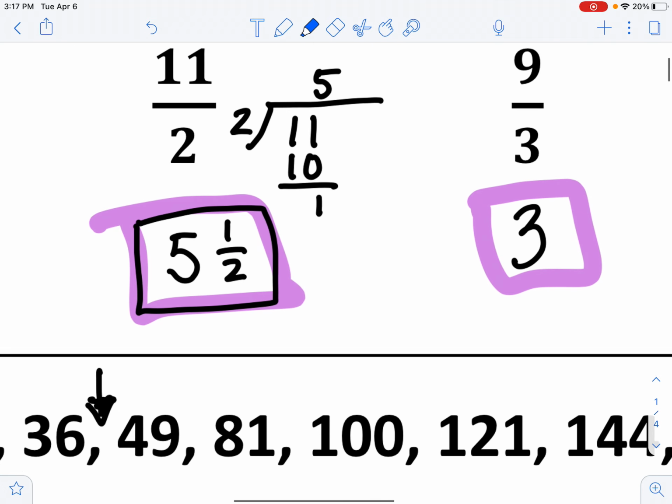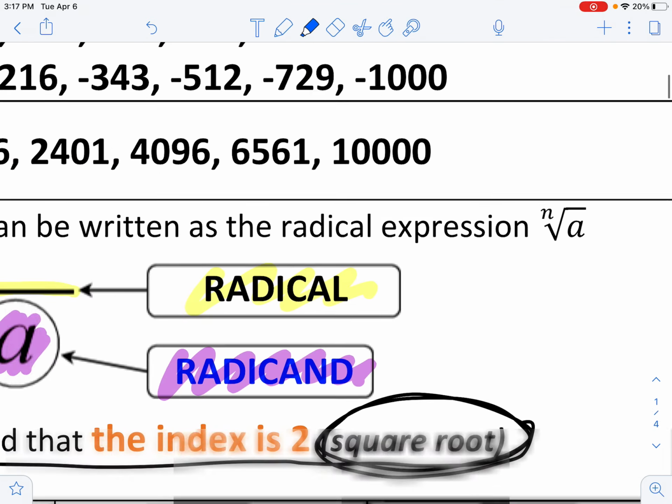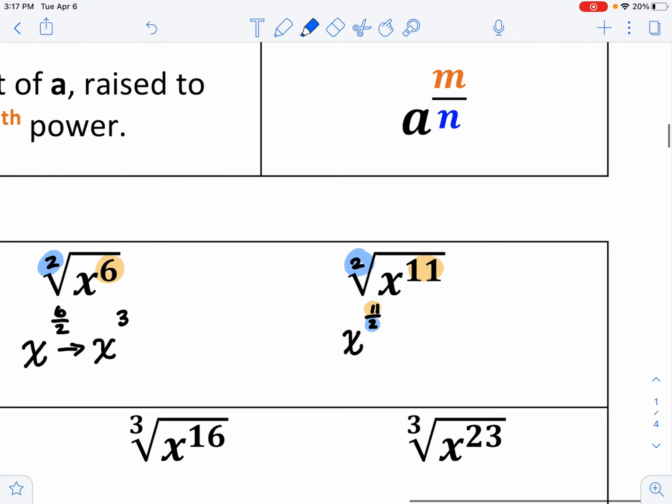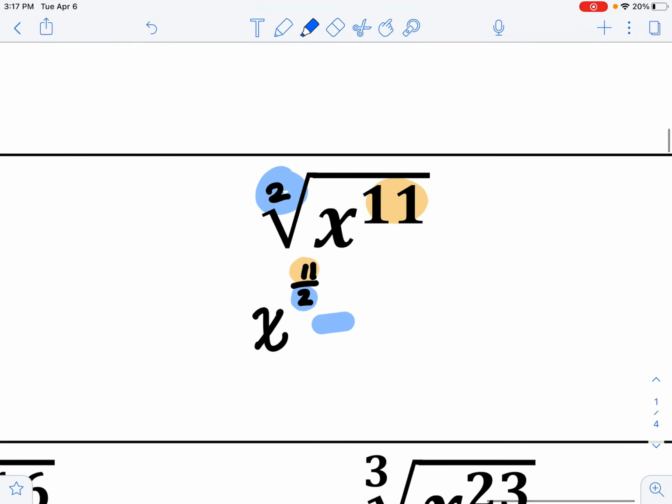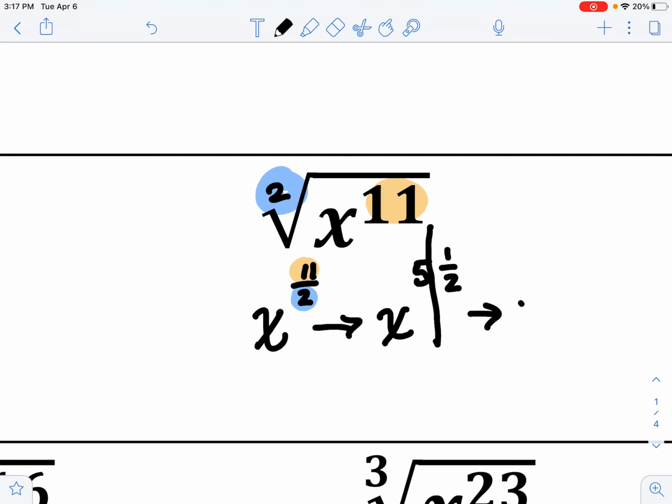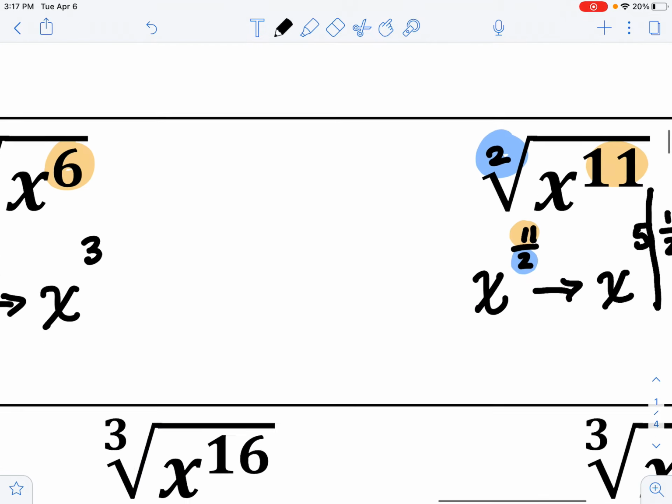And we got 5 1/2, okay? So if we think of this as x to the 5 1/2, which we're not allowed to do, this is just a shortcut to help you, then that tells us that this part is x to the 5th, okay, just like over here.